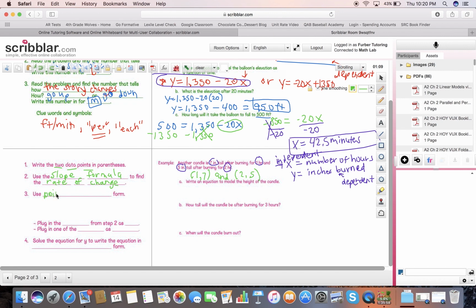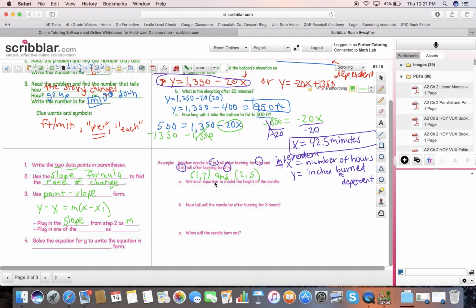And then after that, I'm going to write the equation in point-slope form. Point-slope form, remember, is this: y minus y1 equals m times x minus x1. Okay? So what do I fill in again for those? Well, I fill in everything except the x and the y. So I'm going to plug in the slope that I find from step number 2 up there as the m.